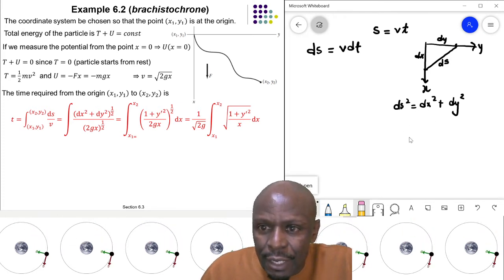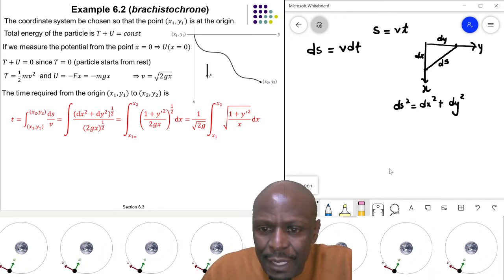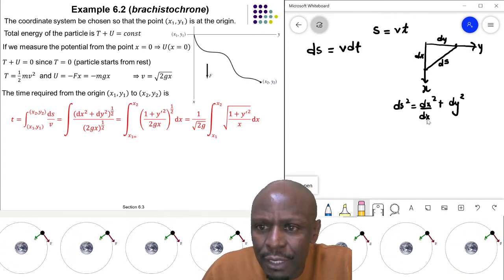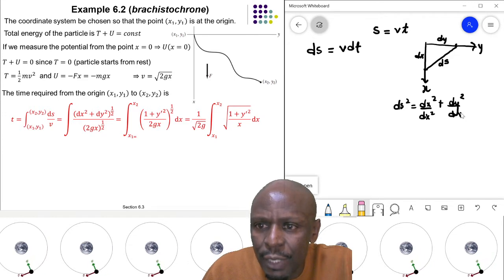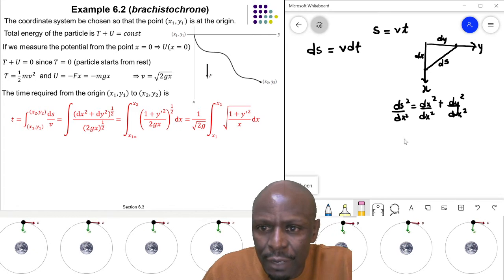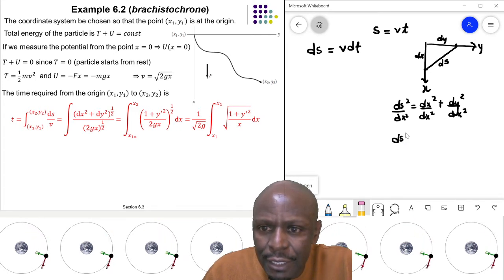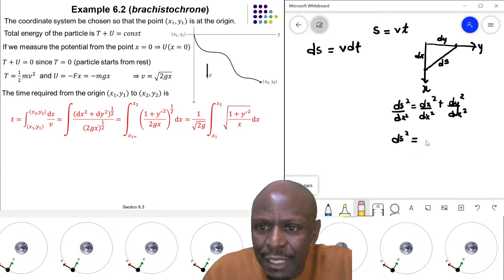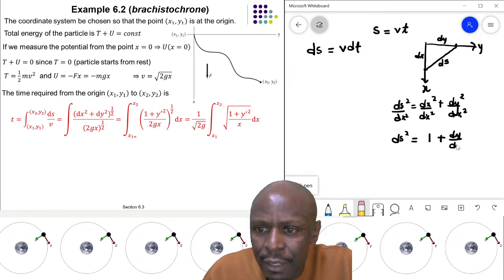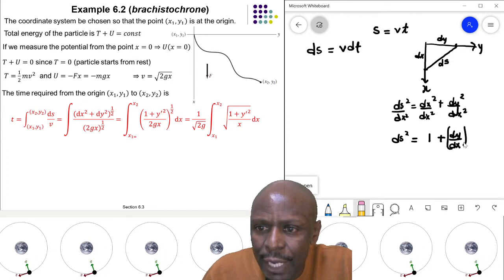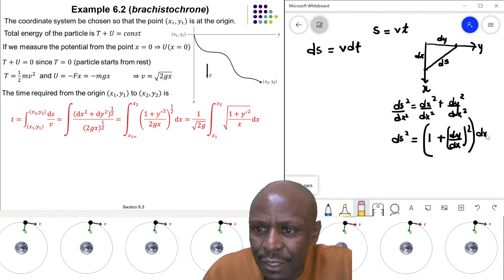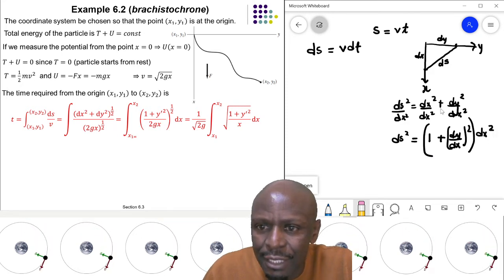Now you can divide by dx squared. If you divide by dx squared here, and also here, what are you going to have? You are going to have ds squared equals 1 plus (dy/dx) squared, multiplied by dx squared, because I am taking this to the other side.